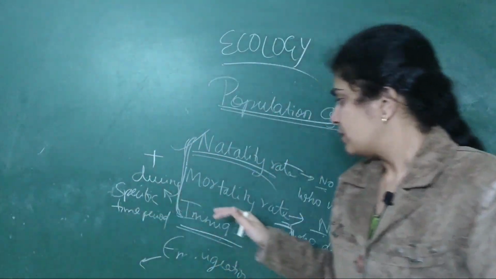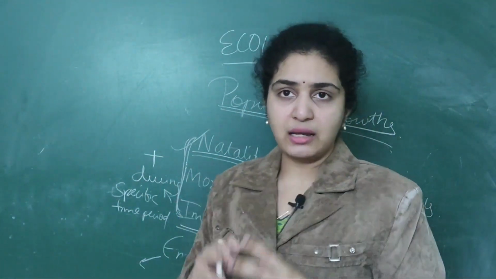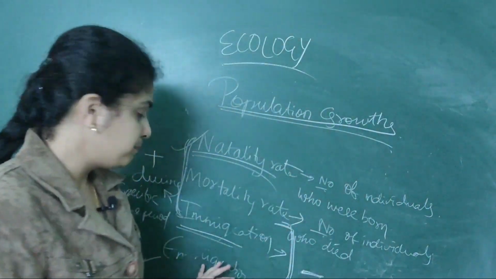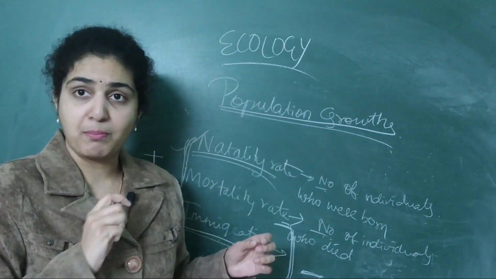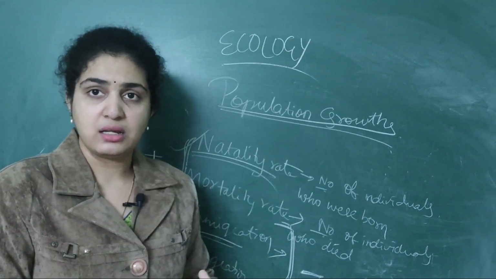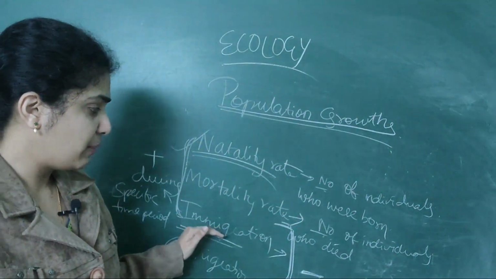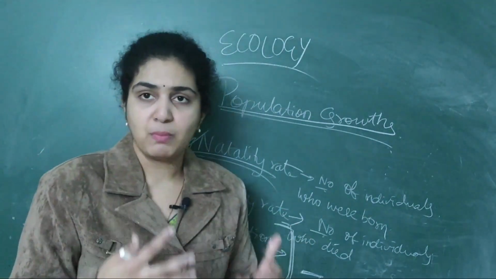Mortality rate and emigration, number of people leaving that environment, then the population size will decrease. So natality and immigration are plus, mortality and emigration are minus.